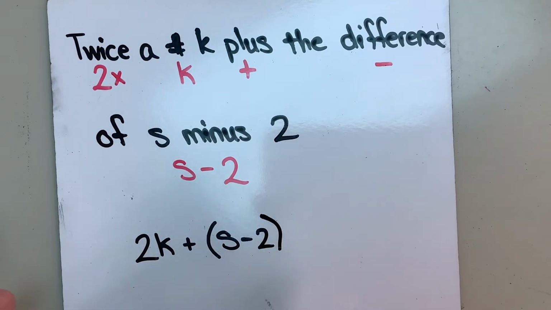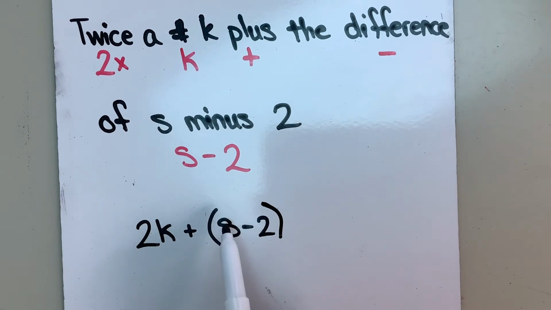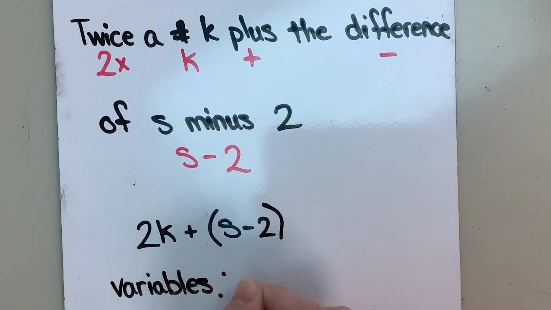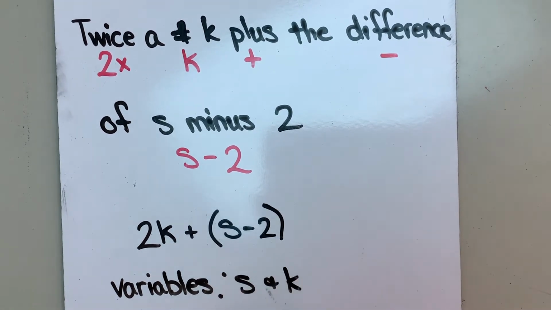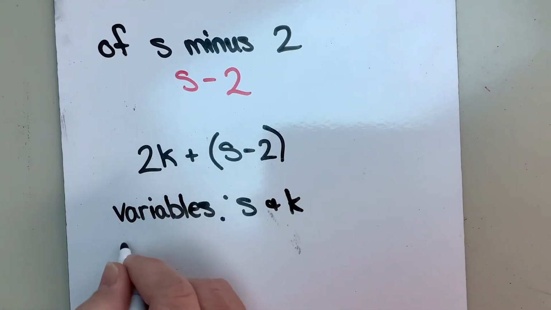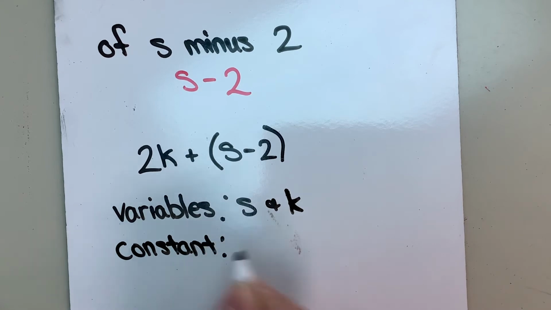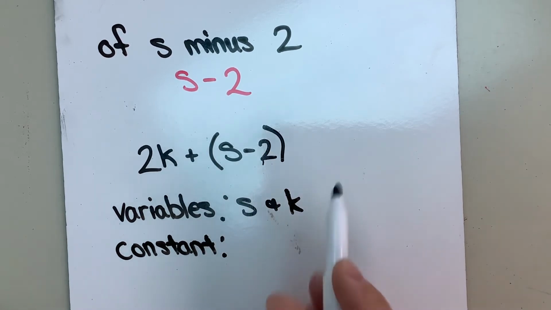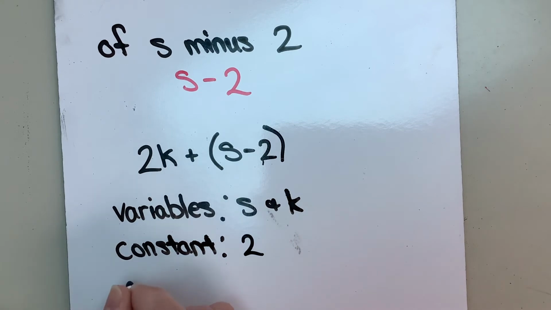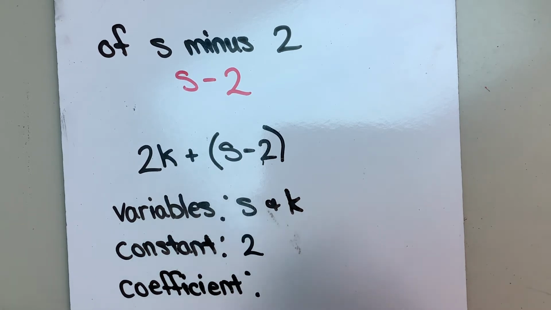Now, as we talked about in the last example, or the last couple of examples, S is a variable and K is a variable. So your variables are S and K. Your constant is going to be this 2 down here. But your coefficient is any time you have a variable and a number.